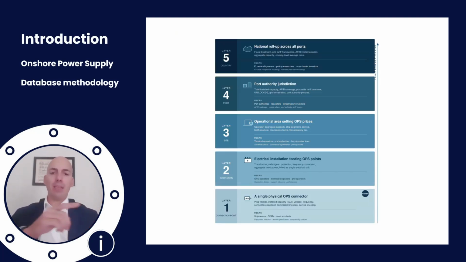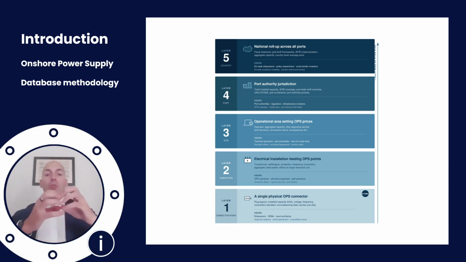So let me show you our methodology, or actually how we build up that layered framework. This is it as it is in the guide. The guide I will show you later, but we have 5 layers, and we start with a single physical OPS connector or multiple plugs, but we call it a single OPS connection point or connector. Then the electrical installation feeding it, which is the small house that you saw with 4 transformers. That's the substation or the E-house, depending on your terminology, but that's where all the ships are connected to.